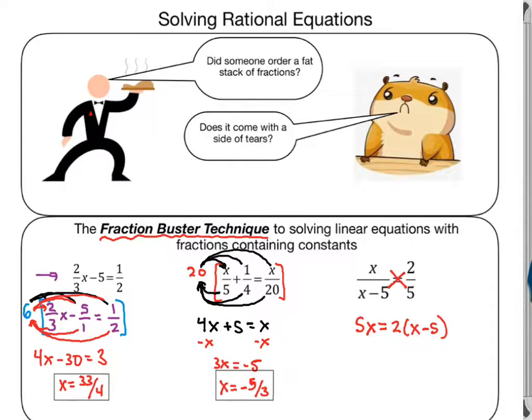We have to put parentheses around that because we're going to be distributing the 2 into each one of those. That gives us 5x equals 2x minus 10. I subtract 2x from each side to give me 3x equals negative 10, and then I divide by 3, and at the end of the day I get x equals negative 10 divided by 3, and that's going to be our final answer.